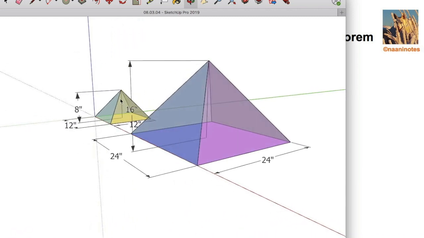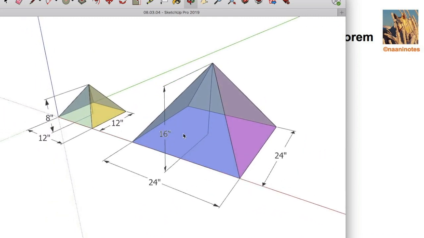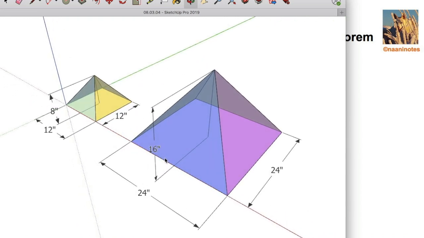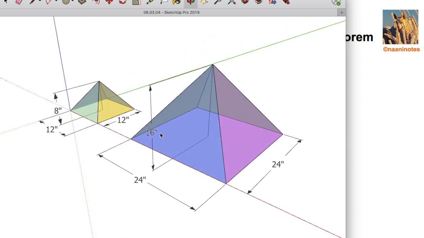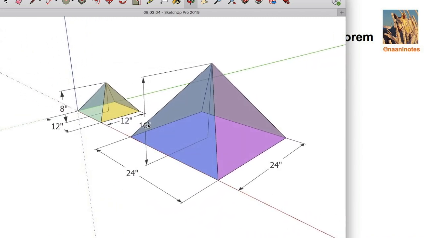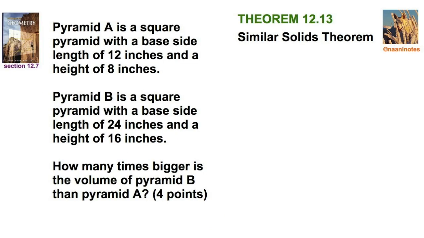again, twice as tall. So the one on the right is twice the size in every linear dimension. The square is, the footprint is, 24 by 24. The height is twice the height of the smaller pyramid. And that brings us up nicely to, well, how do we do this?